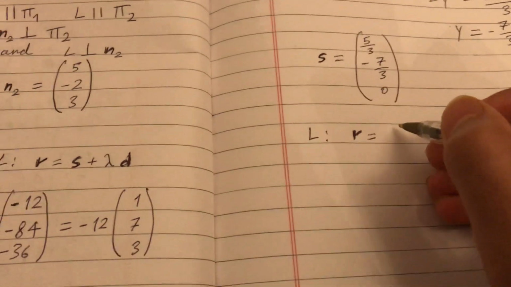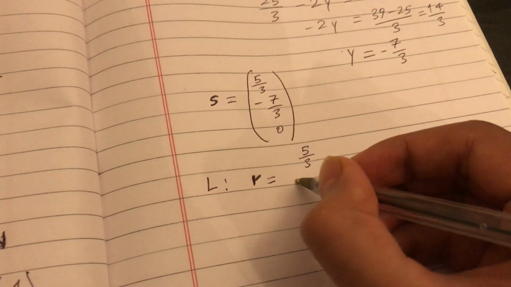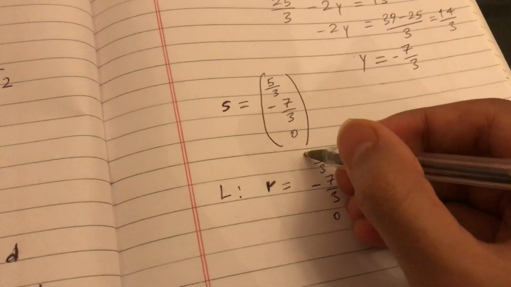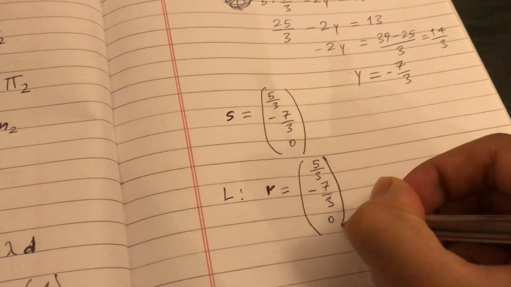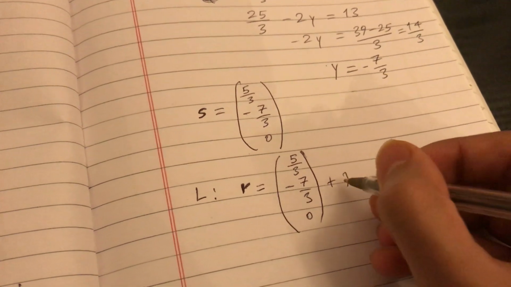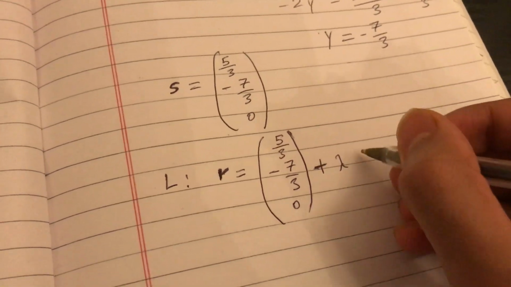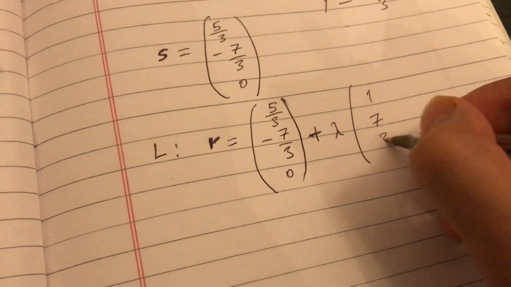It's good for speaking, but for writing I prefer the visual form. Okay, this plus lambda, and then we have the vector from here, d, 1, 7, 3.